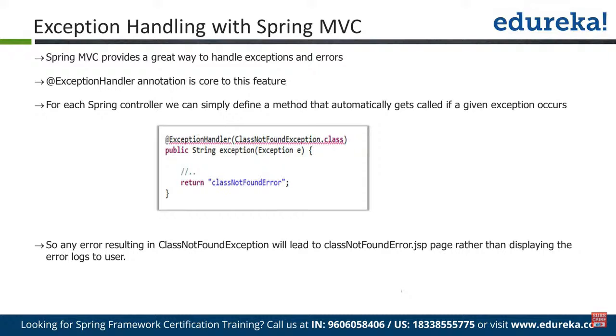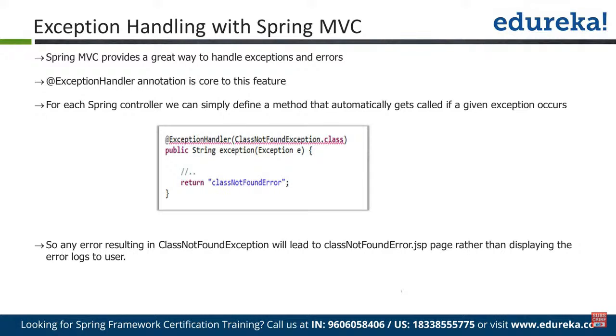The functionality which Spring is providing here is that you can customize your error pages on the basis of your exception. If you think that whenever there is an IOException in your application, you want to show some specific page to the end user, then you can write that JSP, and you can write this exception handler method in the controller, and you can show that page to the end user.